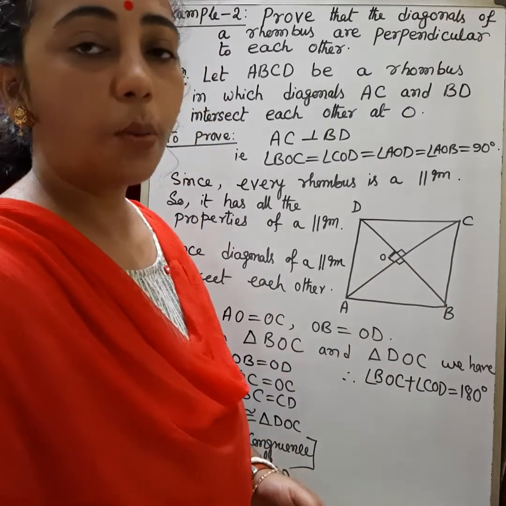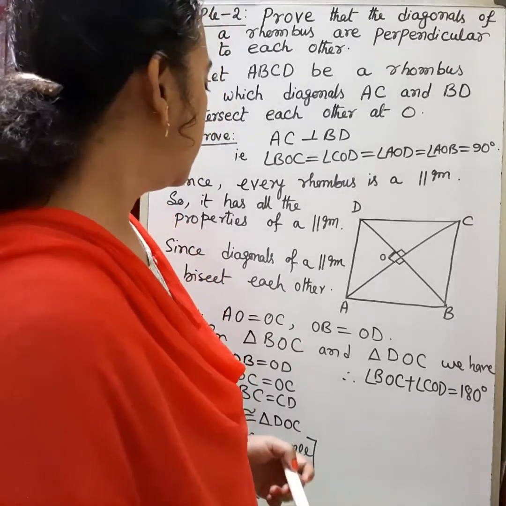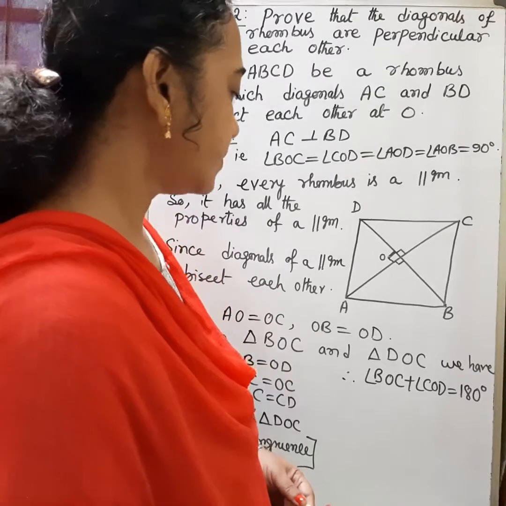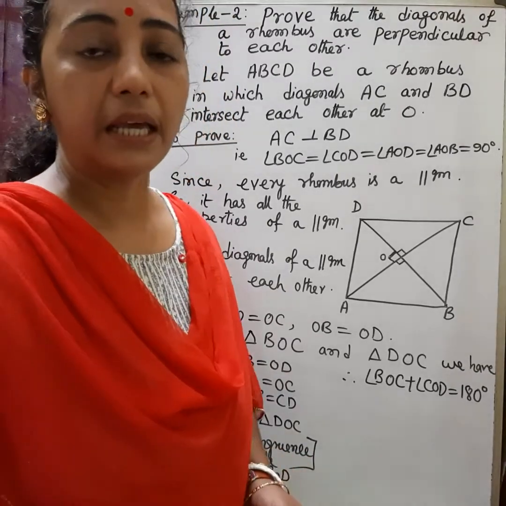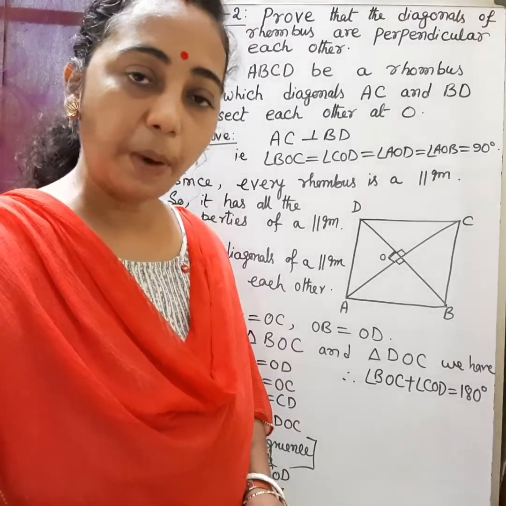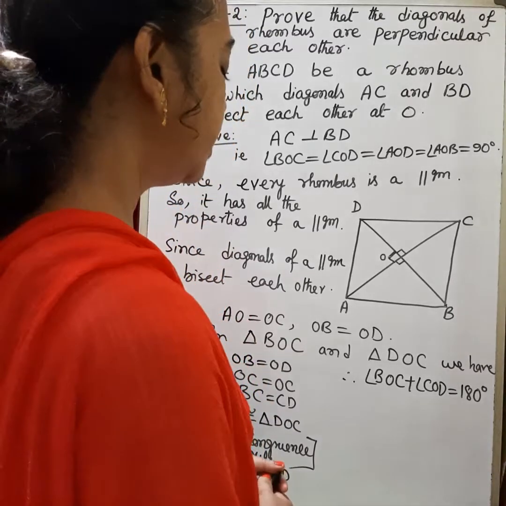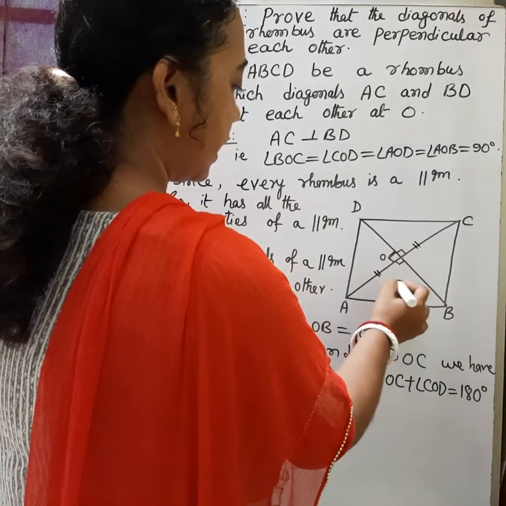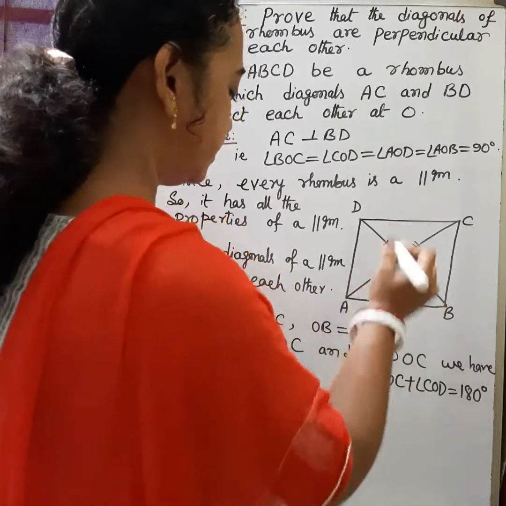Since every rhombus is a parallelogram, it has all the properties of a parallelogram. Also we know that in a parallelogram diagonals bisect each other. So from the figure we can say that AO is equal to OC and OB is equal to OD.